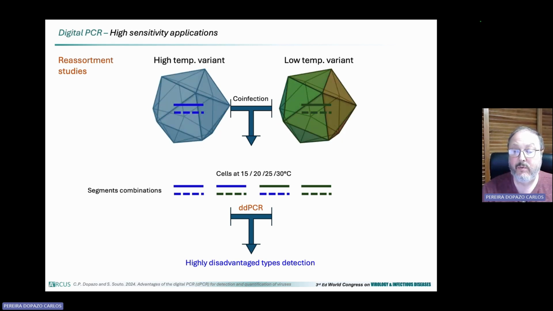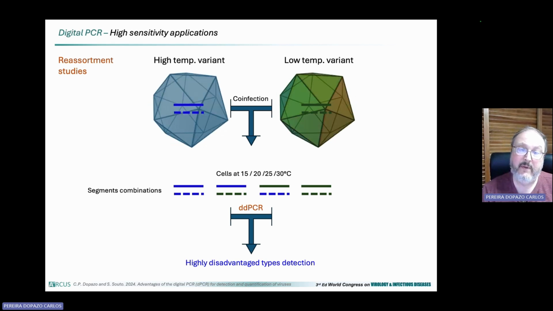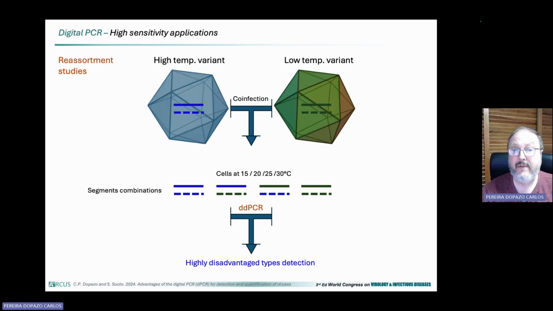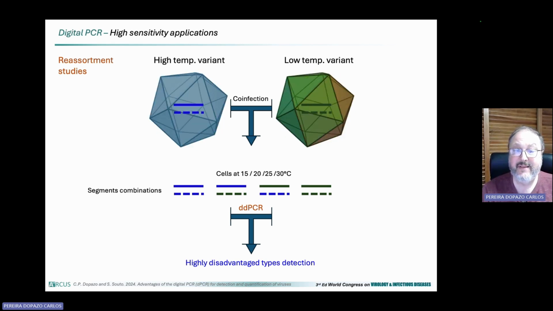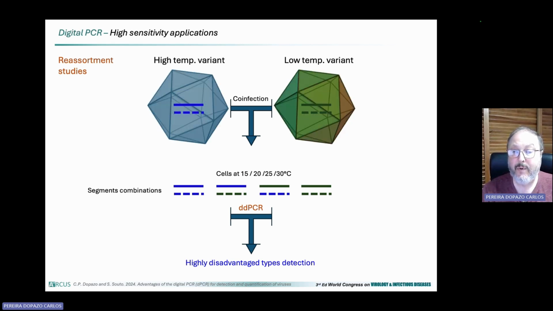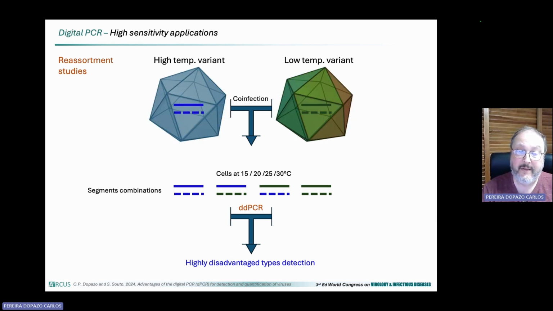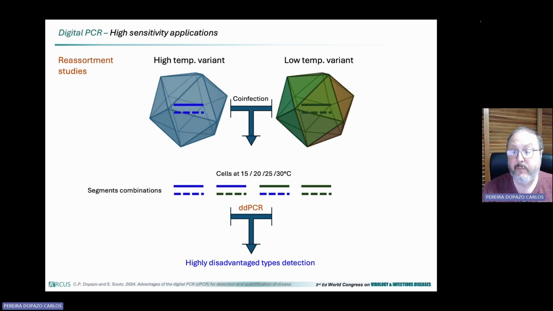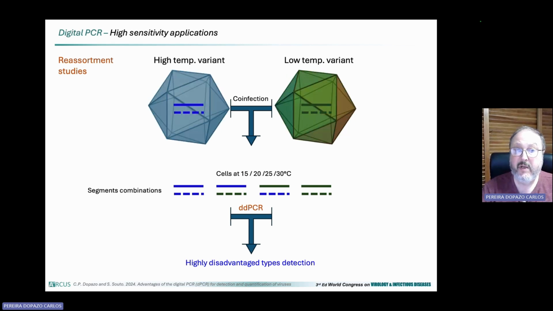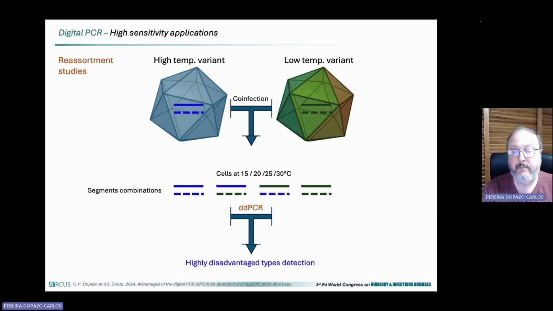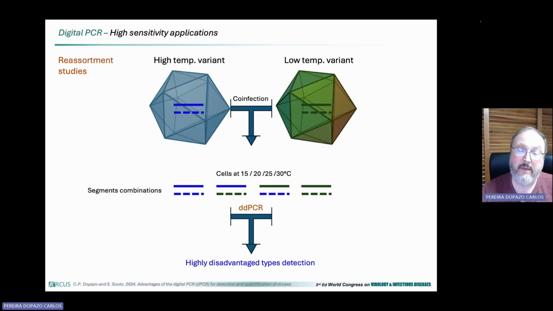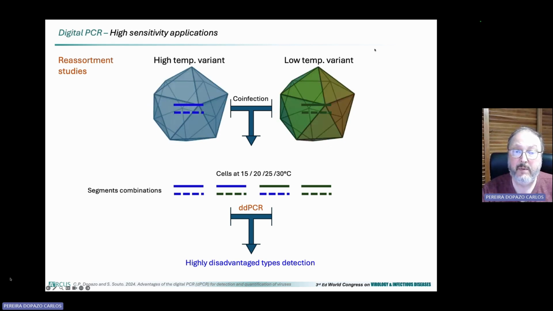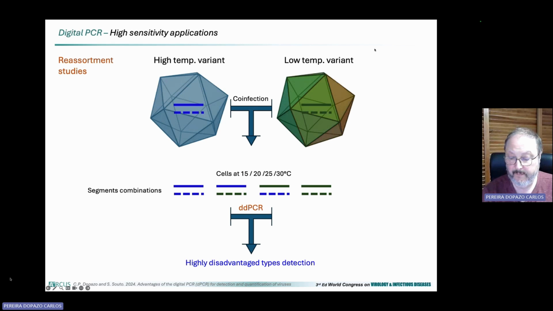So we wanted to see which of the segments was the determinant of the adaptation to the temperature. And we co-infected cells at different temperatures, and then we wanted to study the distribution of the segments within the progeny. With qPCR, we were not able to detect the more disadvantaged types in the progeny, but with digital PCR, we are obtaining very interesting results.